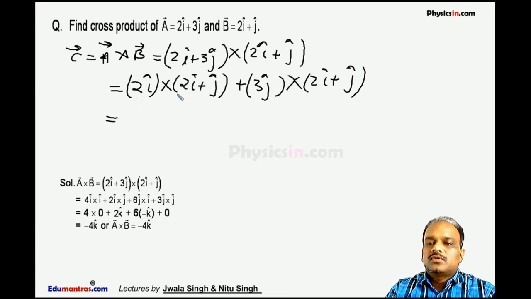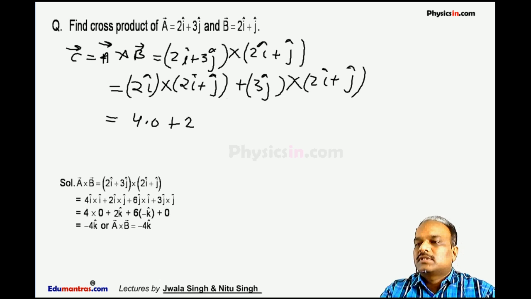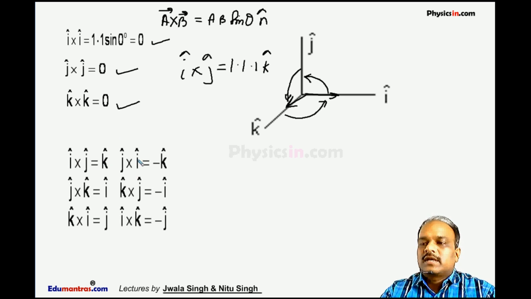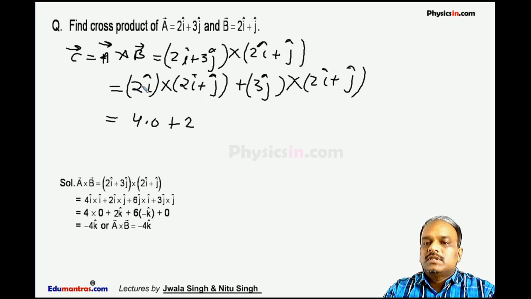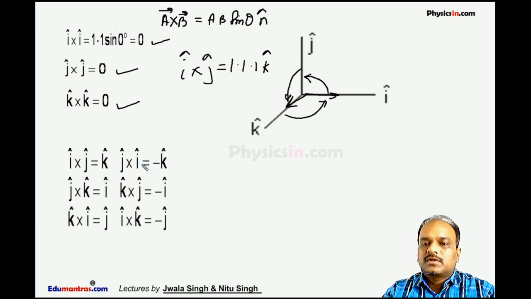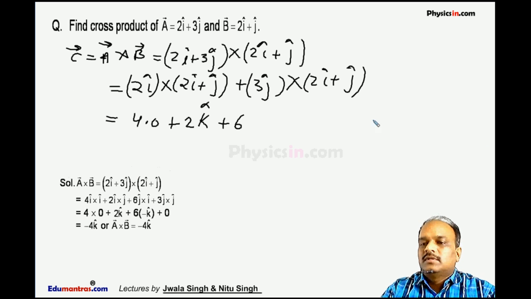This is equal to 2 into 2, that is 4, I cap cross I cap means 0, plus 2 into 1, that is 2, I cross J. As we know I cross J is K cap, so it is K cap, plus 3 into 2, that is 6, and J cross I. We know J cross I is minus K cap, so I will put here minus K cap, plus 3 into 1, that is 3, J cross J, that is 0.